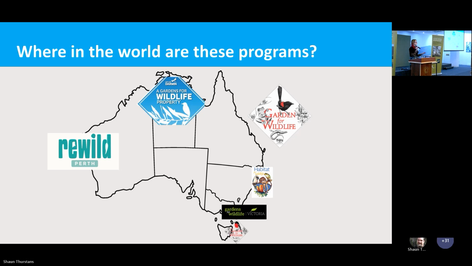They are administered by private community groups, NGOs and local councils, and because a large number of these programs are run by individual local councils instead of at a state or national level, there are large areas which are actually unrepresented. So, for example, the Sunshine Coast has a Gardens for Wildlife program, but Brisbane doesn't.